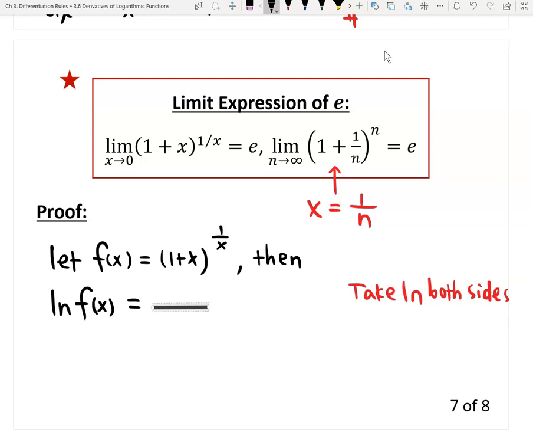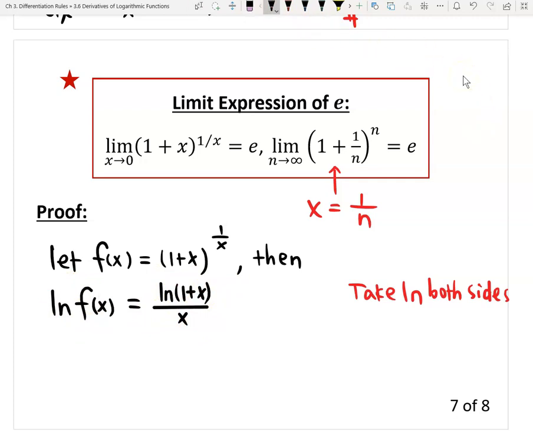The top is ln(1 plus x) and the bottom is x. That makes sense because 1 over x times ln is just a fraction. So now it is much easier. Instead of the limit of f, we find the limit of ln f(x), which is just a fraction.